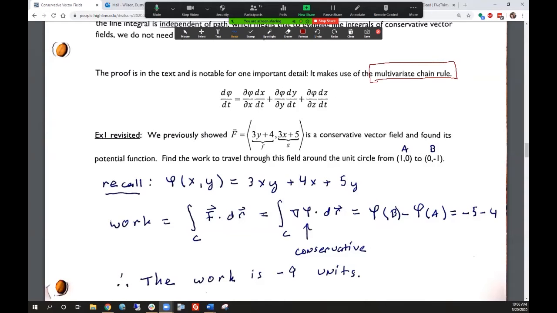I don't know if you remember learning the multivariate chain rule in Calc 3, but you would have started with phi, and you'd said phi is a function of x and y and z, and x is a function of t, y is a function of t, and z is a function of t, and you would have drawn these little diagrams, and that would have told you how to write the general form for the multivariate derivative of phi with respect to t.